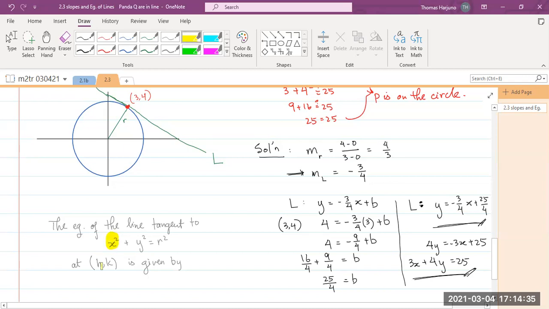Now one of the x's you replace by h. It's given by hx, and then replace one of the y's, that y squared becomes ky, equals r squared.